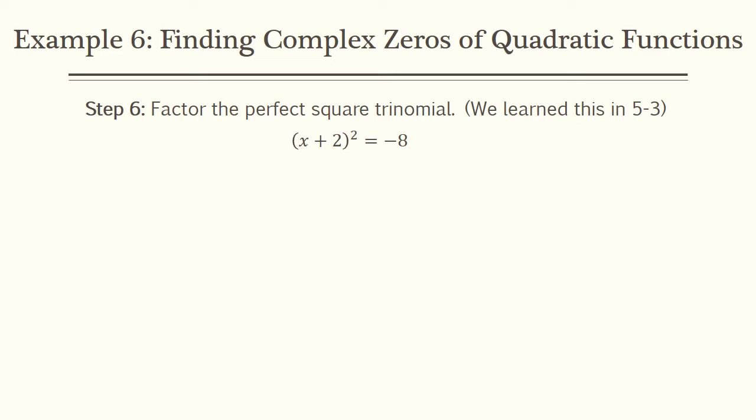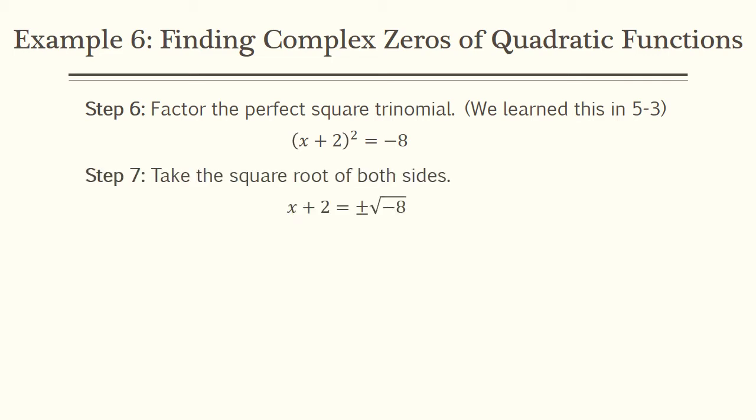To finish solving it, I need to take the square root of both sides. In doing that, I get x plus 2 equals positive or negative square root of negative 8. From here, you just need to finish solving for x. So in order to do that, I need to subtract 2 from both sides.